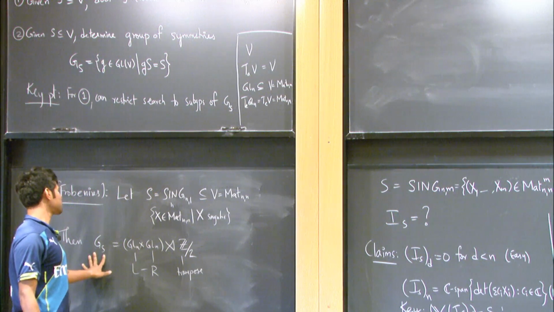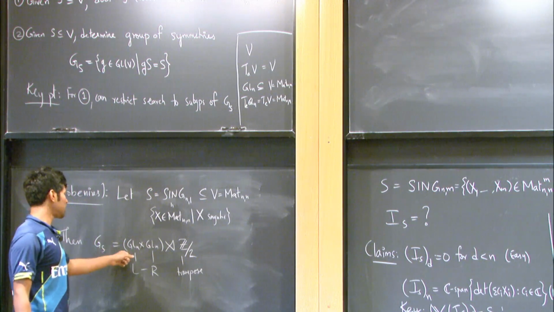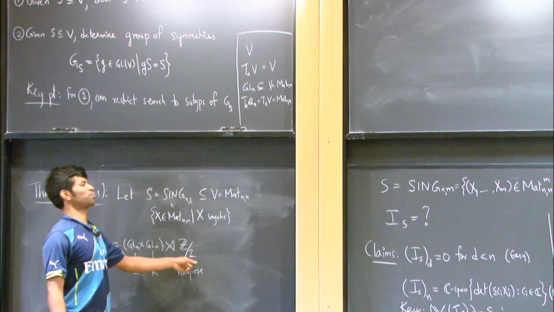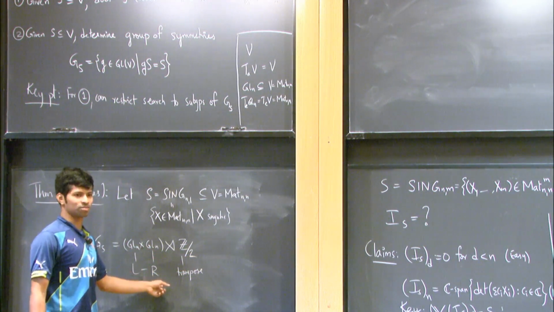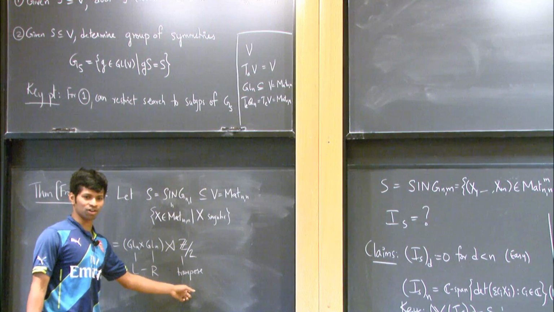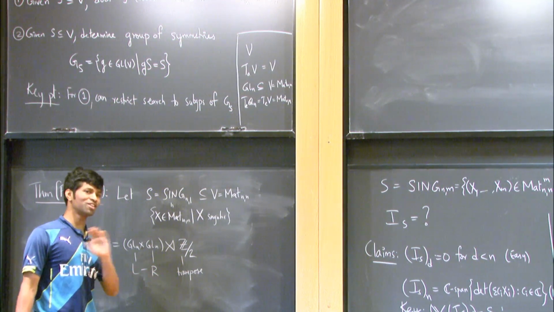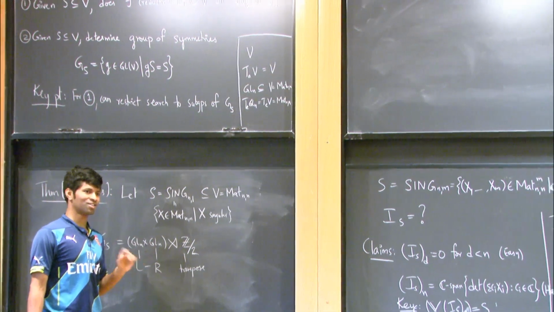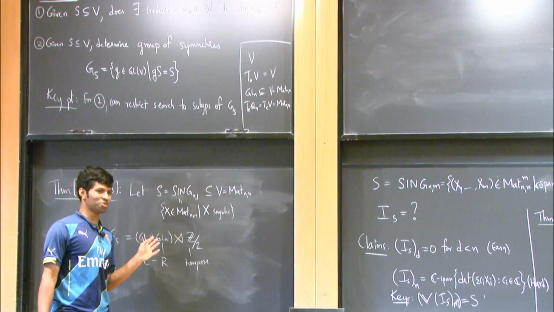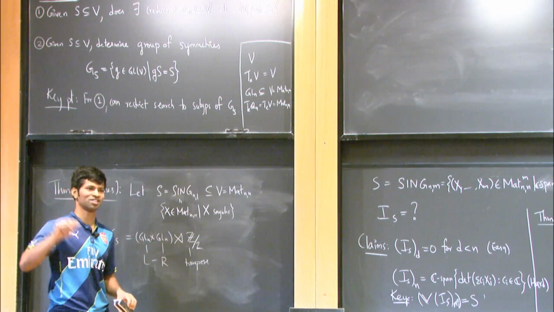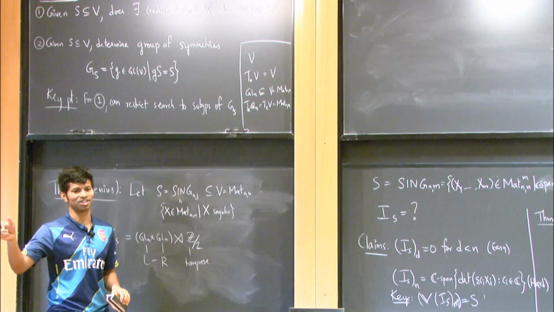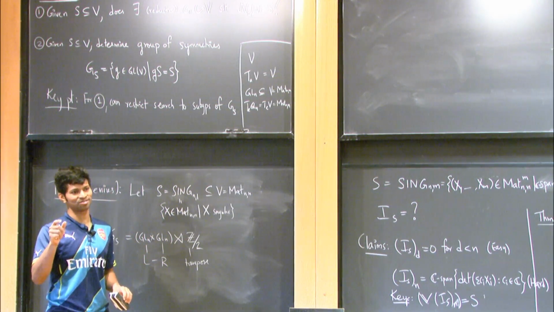And the claim is the group of symmetries is GL_n cross GL_n semi-direct product Z mod 2. The GL_n cross GL_n is left and right multiplication, and the Z mod 2 is transpose. This is something you learn in linear algebra right in the beginning. Determinant equal to 0 or not equal to 0 is preserved by multiplying on the left by an invertible matrix, multiplying on the right by an invertible matrix, and taking transpose.